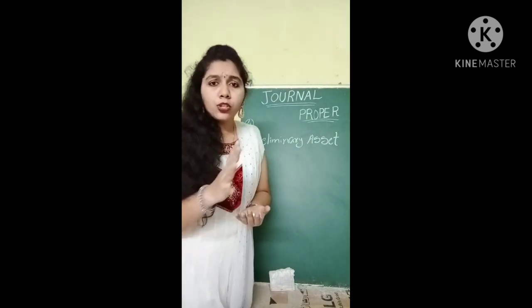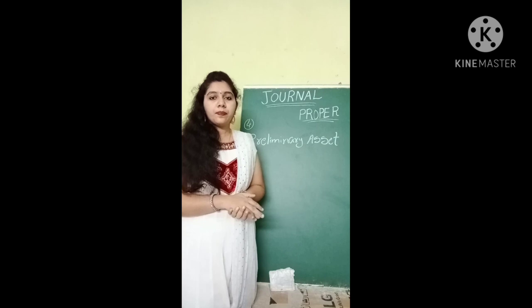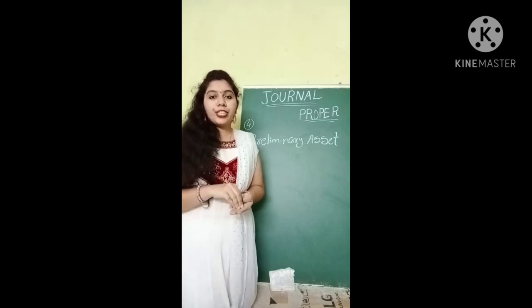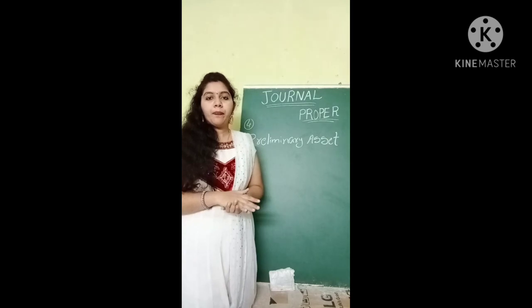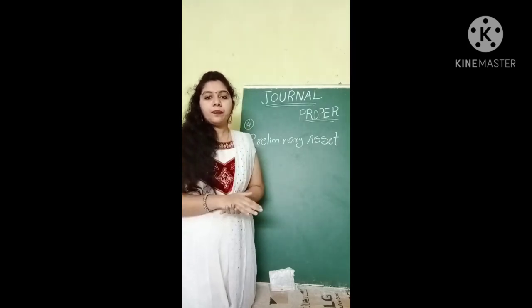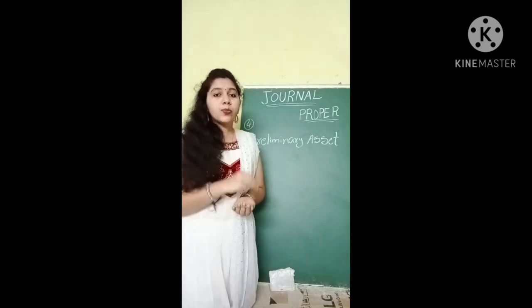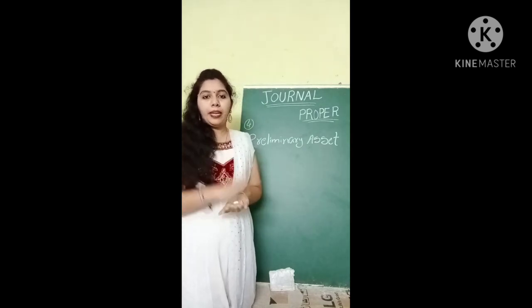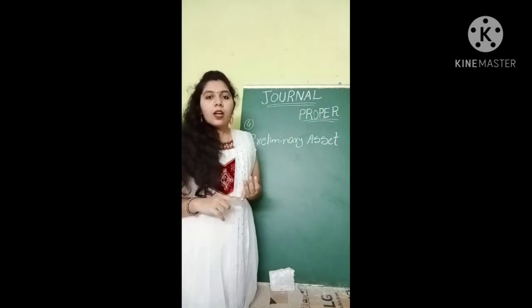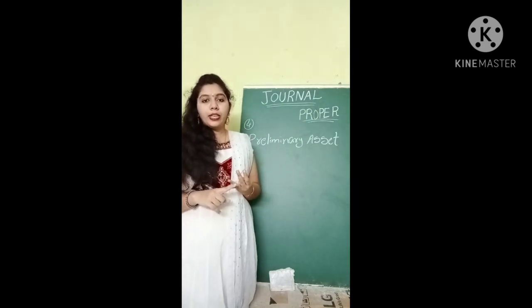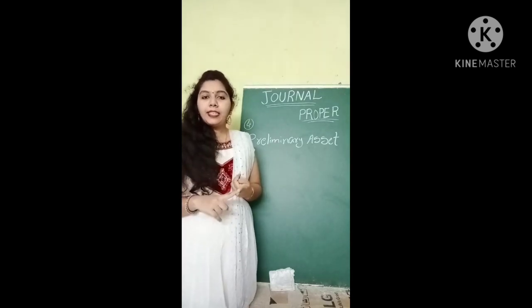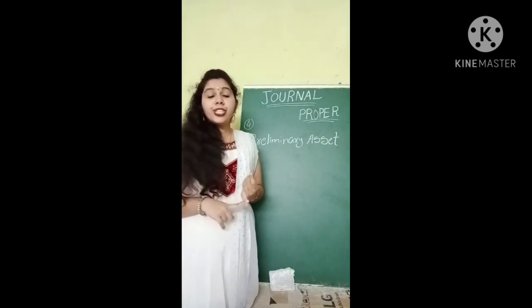If we want to establish a company, we want the registration for that company. We want to register that company. What things do we need to register the company? Memorandum of Association, Articles of Association, Directors List, Acceptance of Directors and Declaration.